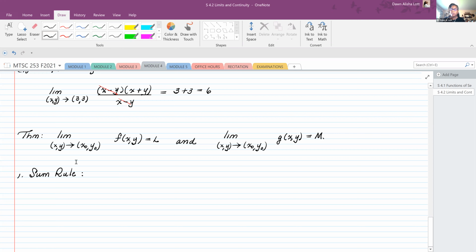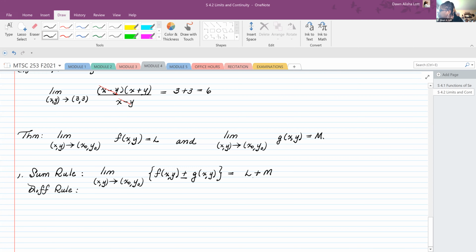The sum rule says if we take the limit of the sum f of x, y plus g of x, y, then that is just L plus M. And then this also gives us the difference rule. So I can put a minus under there and I get L minus M.